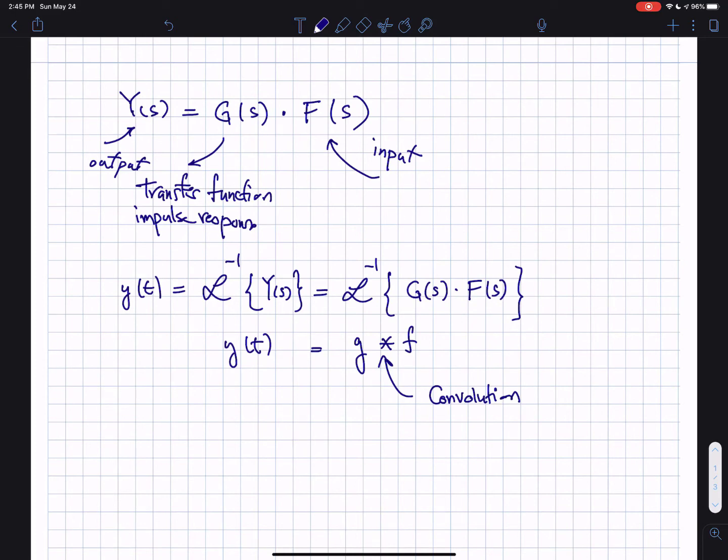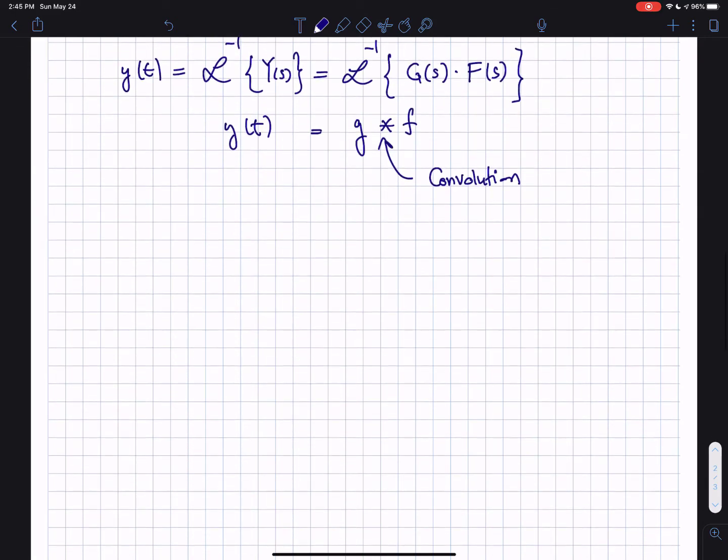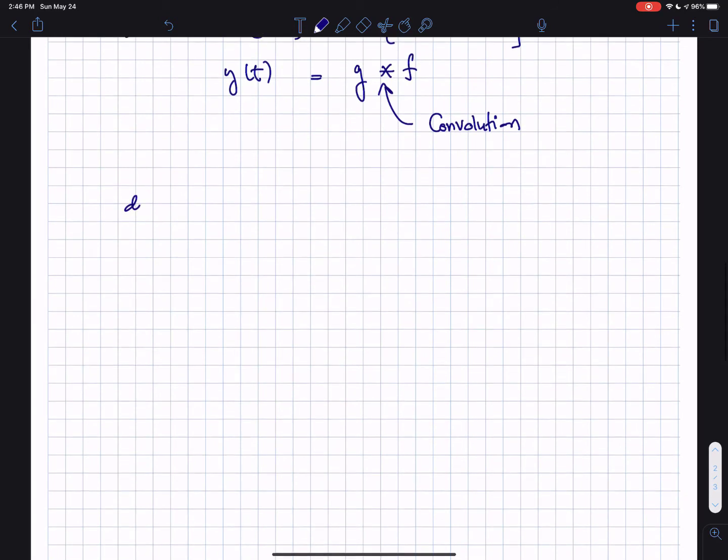Let's look at a first order differential equation, dy/dt minus ay equals e to the ct. Now you may be able to solve this much more easily using the methods you've learned before, but that's not the point. We're trying to see the connection of convolution to the solutions of these equations.